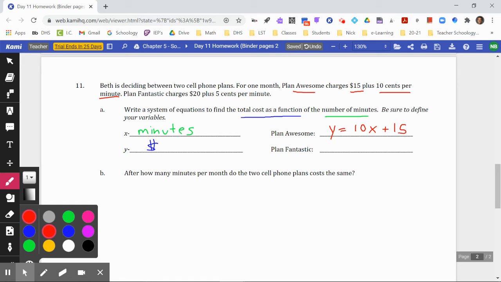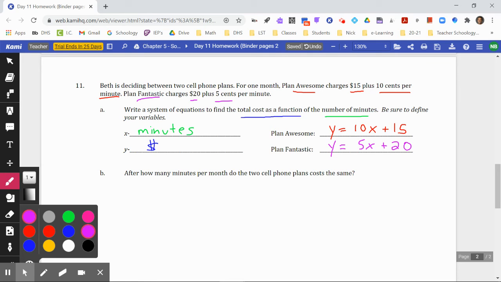We have a starting initial charge of $15 and it's 10 cents per minute. And for Plan Fantastic, they charge $20 plus 5 cents per minute, so y is equal to 5x plus 20. Those are our two equations.